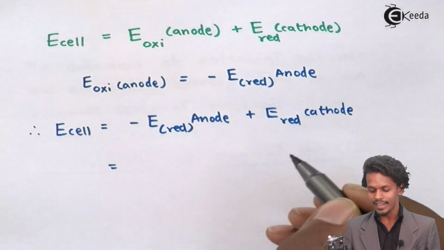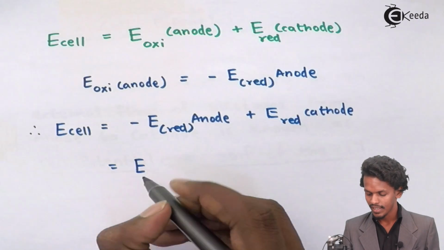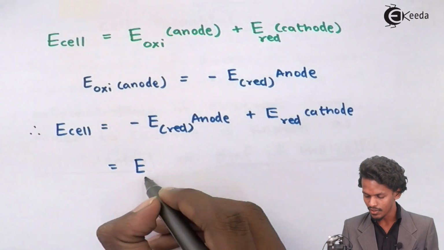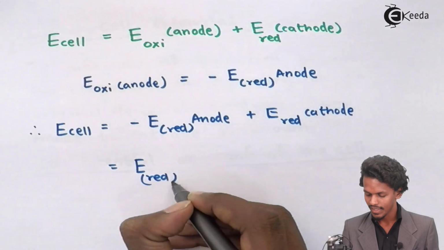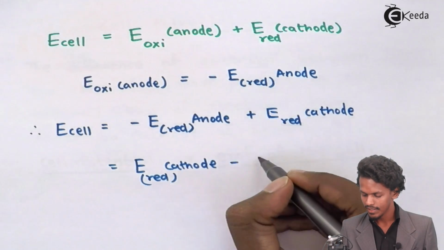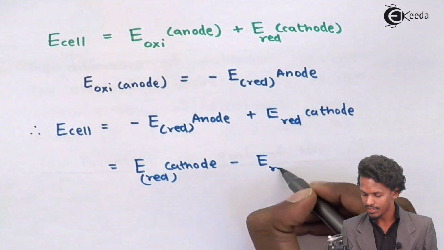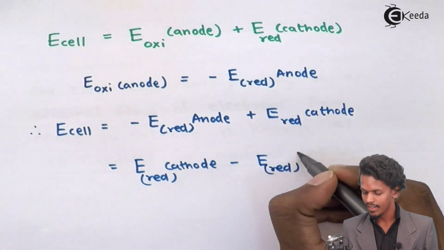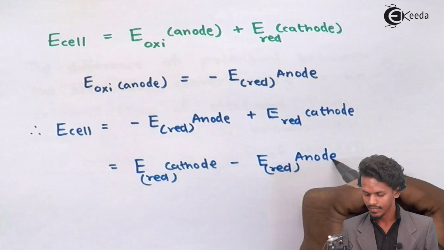So overall I could write it as E reduction of cathode minus E reduction at anode.